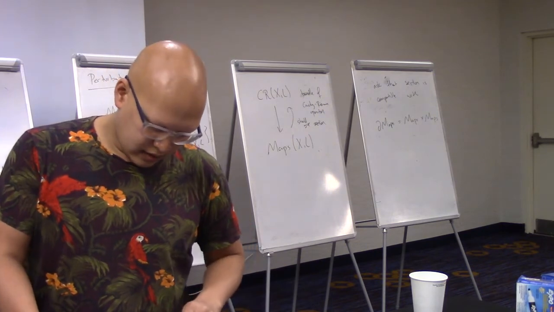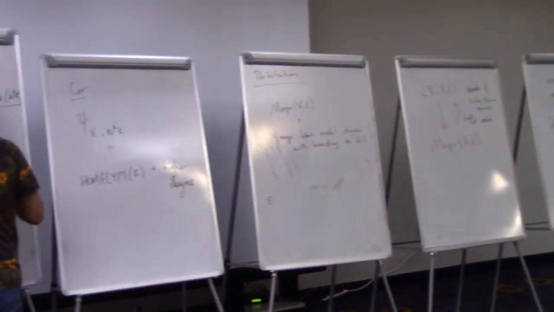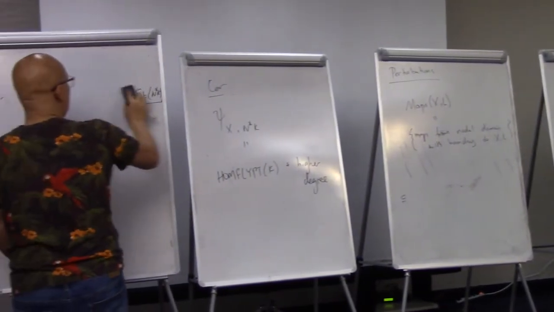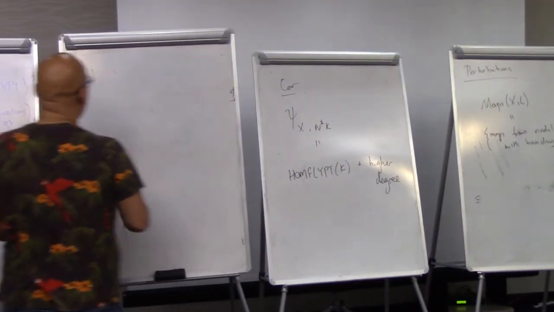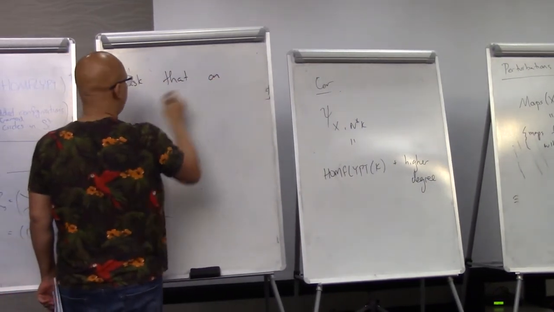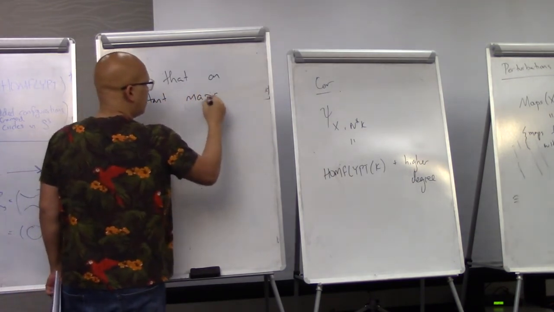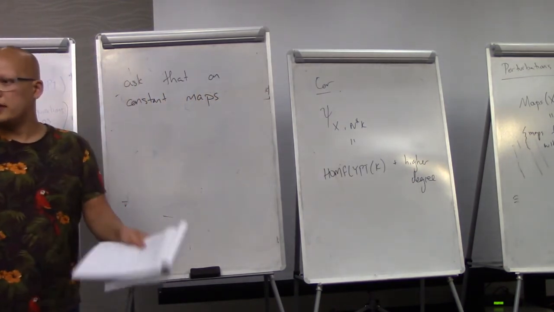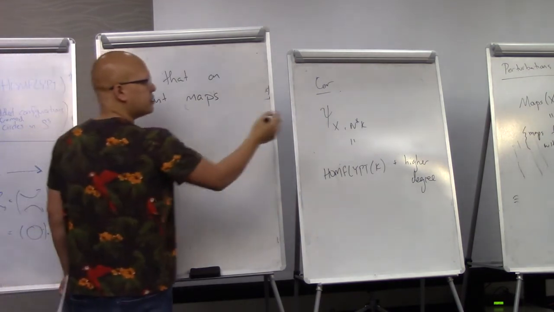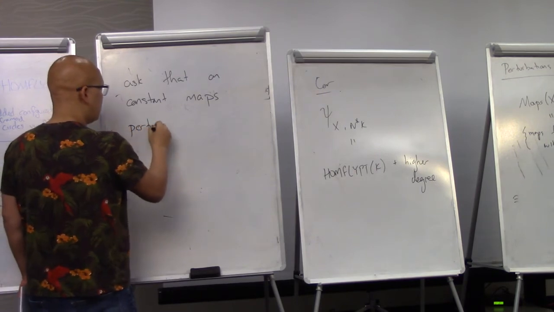So I think that is what everyone does, and now there's something which is not what everyone does. I ask that on constant maps, where constant means zero symplectic area, this perturbation is trivial.